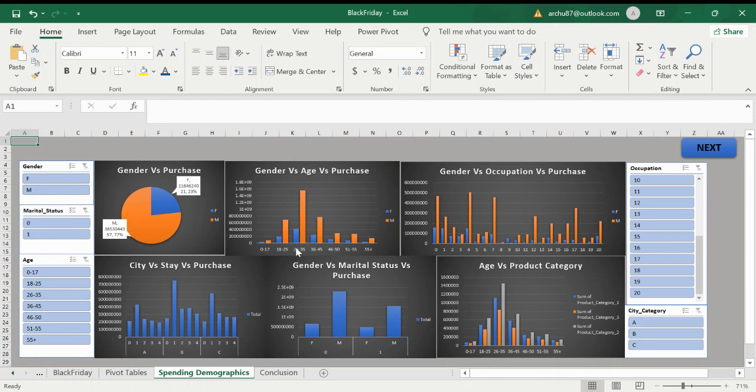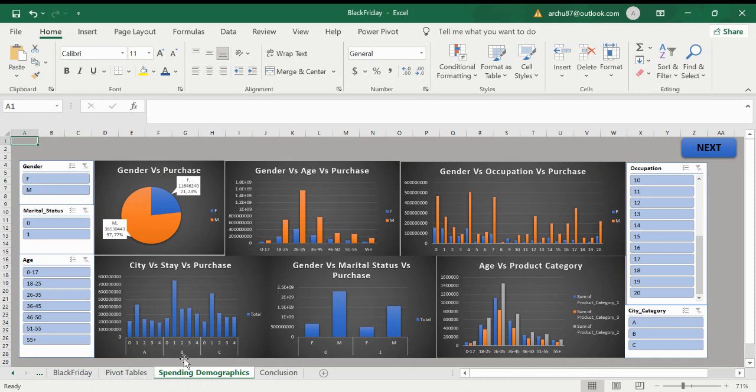And here we can see that the male population, especially age 26 to 35, is purchasing more. And the occupation 4 is again where the male category is purchasing more.